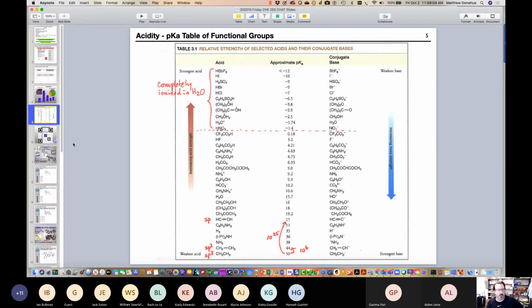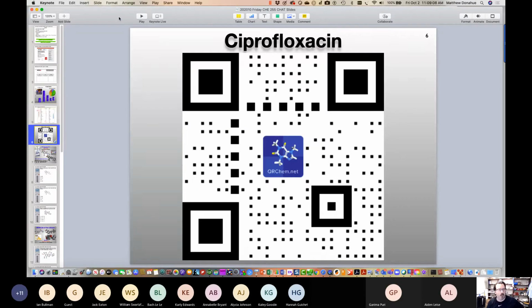We're going to use this table in our questions. So let's open up. You want to get your cameras out, snap a pic of this QR code for ciprofloxacin. We'll look at cipro in relation to acidity, and I'll ask you a bunch of questions.